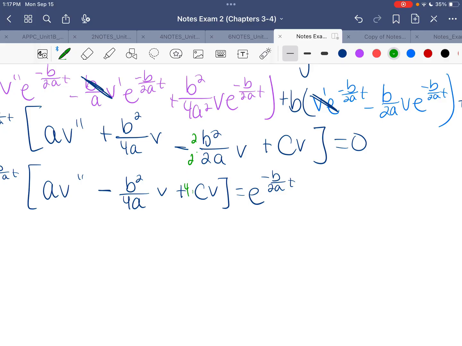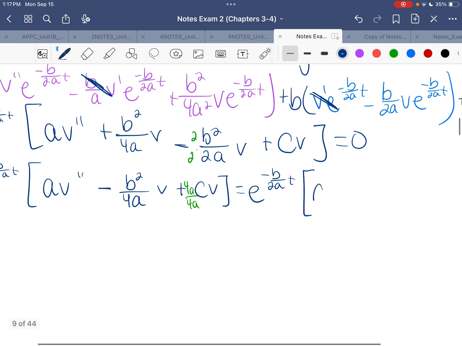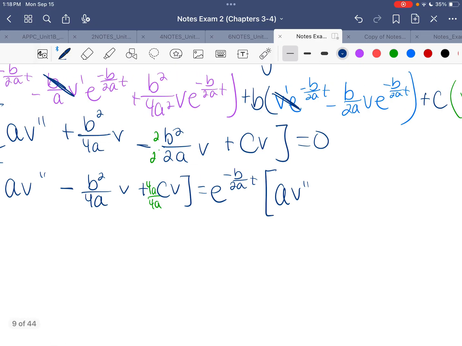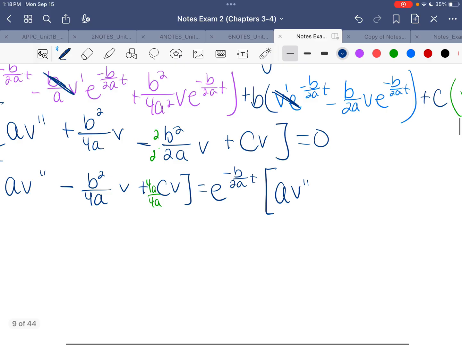So this would be a 4a over 4a. So if I factor out the v from that second term, I have a v double prime. And then we'll say, factoring out the v, let's take out a negative 1 over 4a in the front. So v is going to be multiplying b squared minus 4ac.